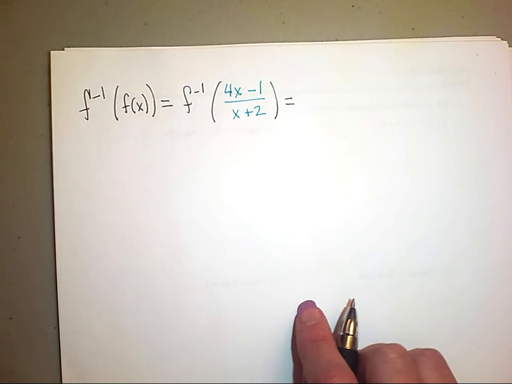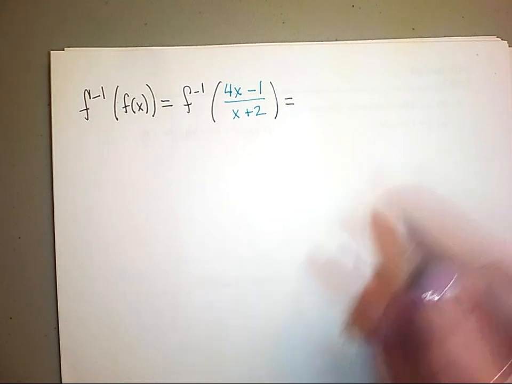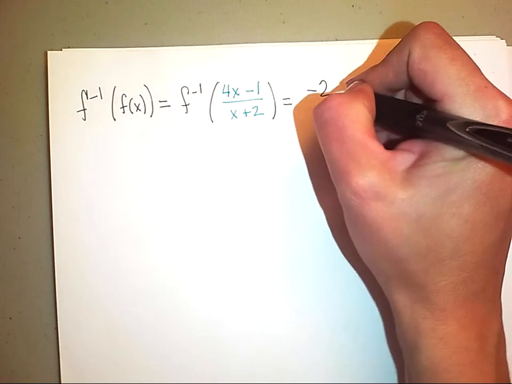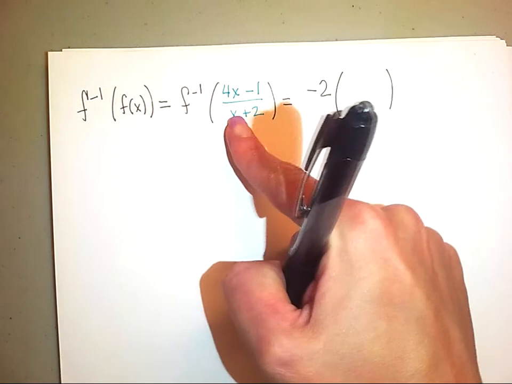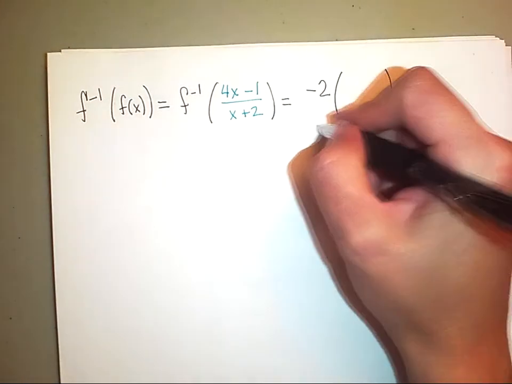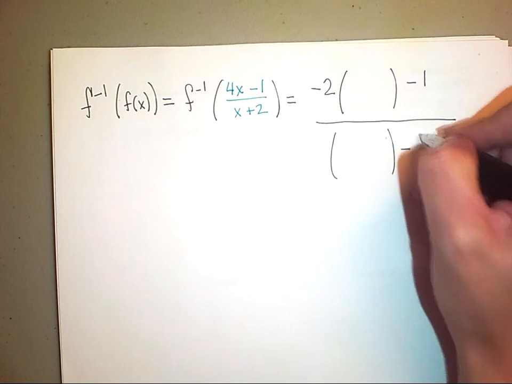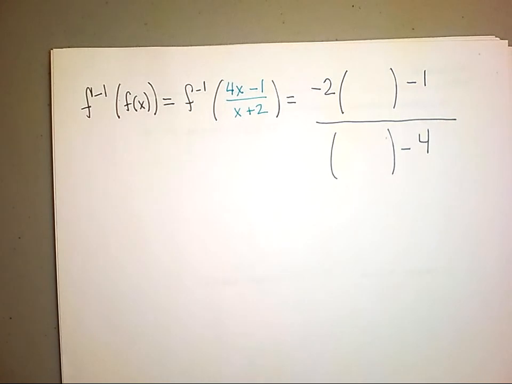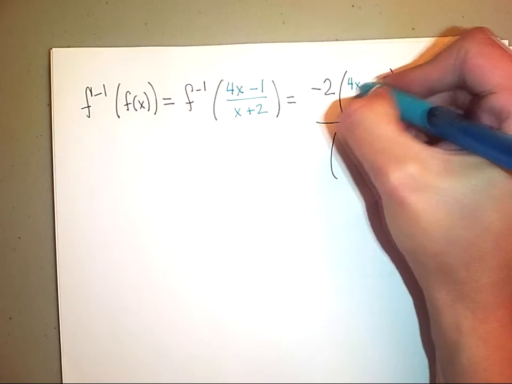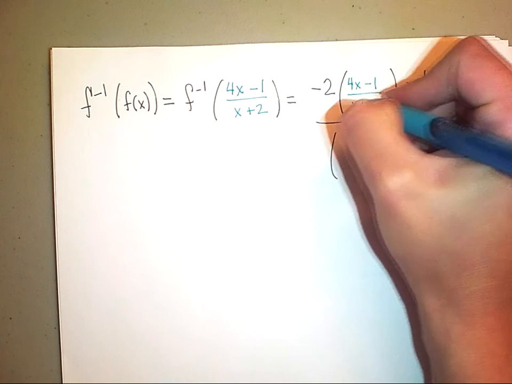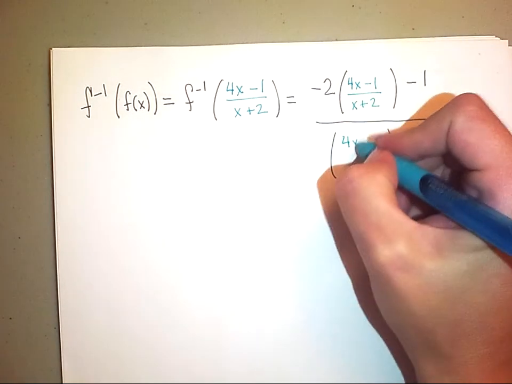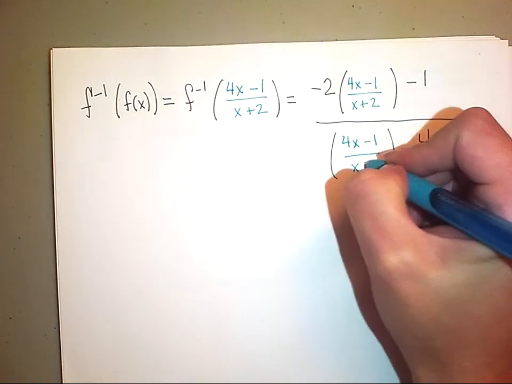Now, f inverse is a little more difficult, but we can do this. This is negative 2 times x, where x will be this. Then we're going to subtract off 1 and divide through by x minus 4. So this is 4x minus 1 over x plus 2. This is 4x minus 1 over x plus 2.